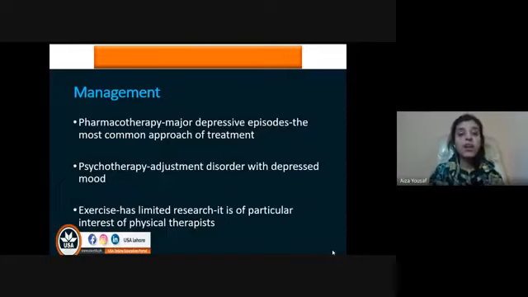Pharmacotherapy has a major contribution in the treatment of major depressive episodes, the most common approach of treatment for them. Psychotherapy is the most common treatment approach for adjustment disorder with depressed mood, while exercise therapy has limited research and is of particular interest for physical therapists.